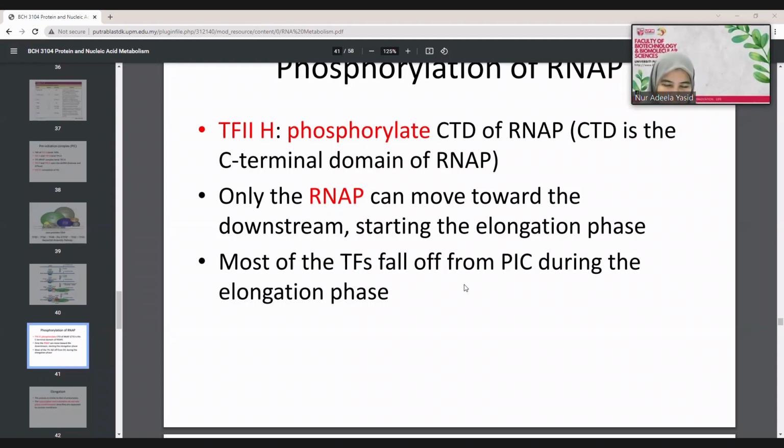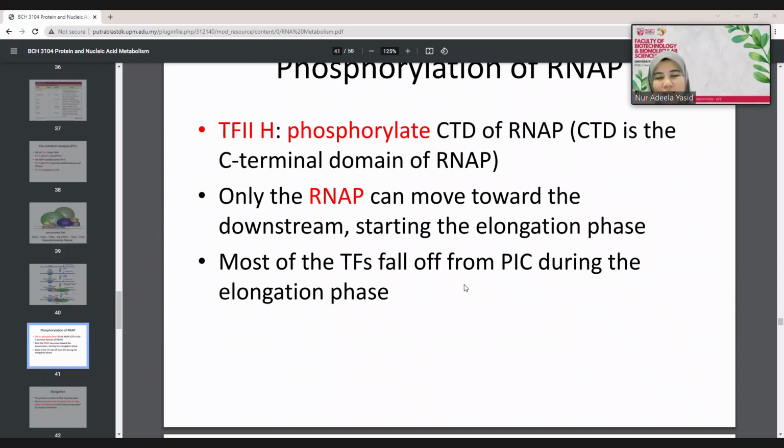Basically, this transcription factor H helps in promoter melting by catalyzing the phosphorylation of the C-terminal domain of RNA polymerase, by the hydrolysis of ATP.